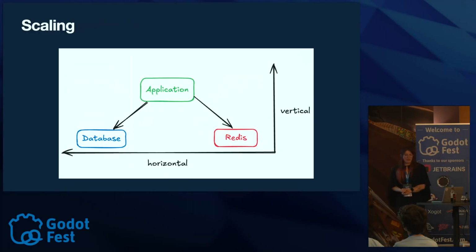But if we are the lucky ones and have a huge game with a huge community behind it and a lot of active players, we have to think about scaling, because as I mentioned before, you're not dealing with one player on your device, you have many players. So there are two ways of scaling, the vertical way and the horizontal way.